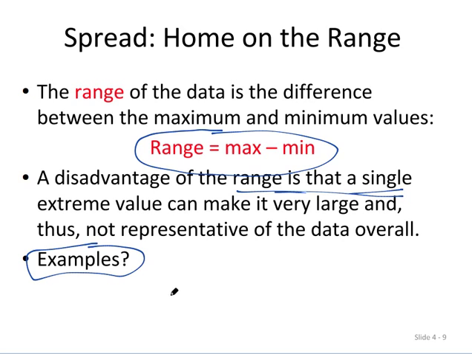One example could be engineering salaries. There could be engineers who are really counted as CEOs and they make a lot of money, whereas most of the data is here. If we looked at this data, the range would be from here to here.